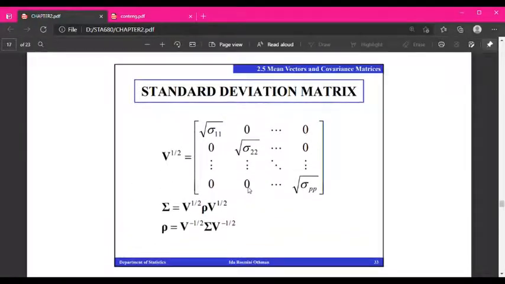Okay, ini pula adalah standard deviation. Okay, so standard deviation matrix, notationnya adalah big V here. Kalau big V sahaja, ianya will be variance.